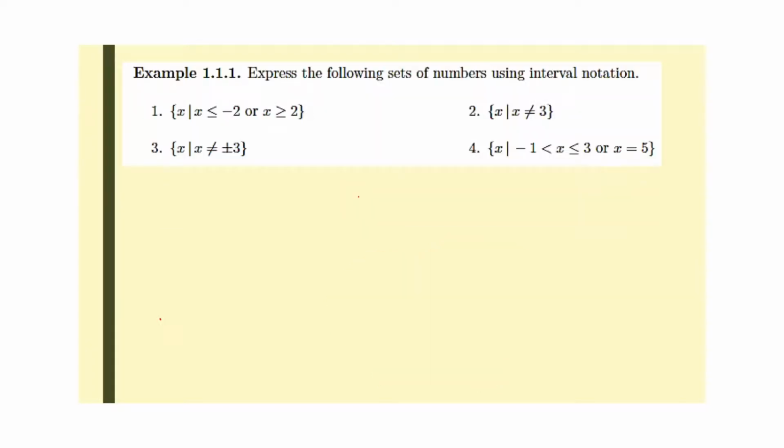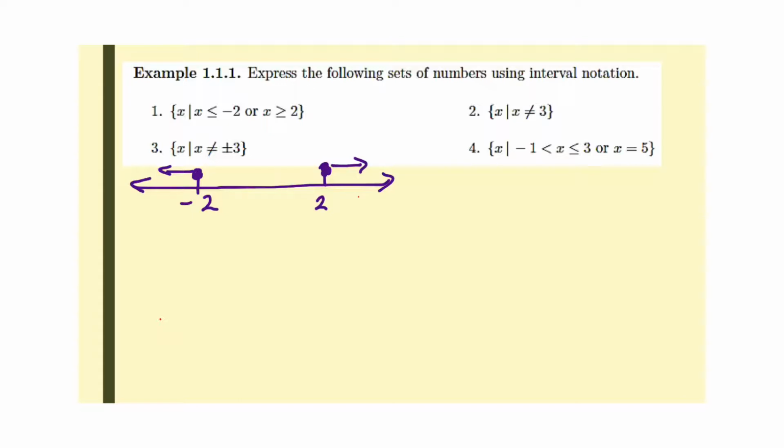So we're going to express these sets of numbers using interval notation. First I want to look at number 1 on a number line. I've got a -2 and I've got a 2, with a filled in dot on both of those numbers. So that means x is less than or equal to -2, and x is greater than or equal to 2.